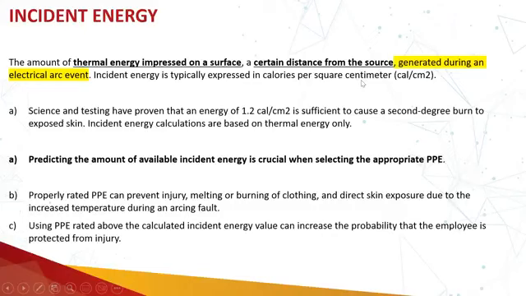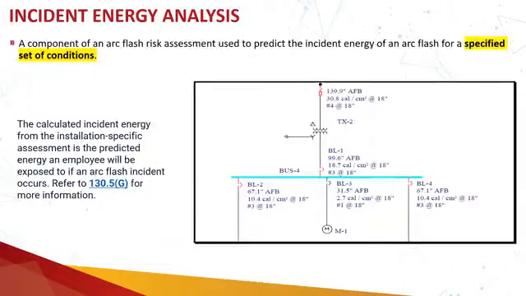So we have also understood that the incident energy is going to decrease as the distance increases from the source. So the distance at which the incident energy is equal to 1.2 cals per centimeter square is basically the distance of an arc flash boundary, right? Then how is this incident energy calculated?